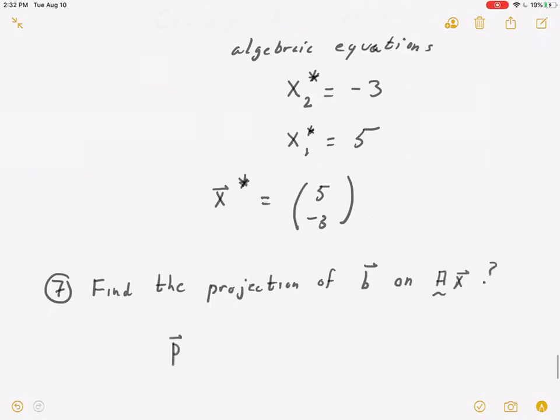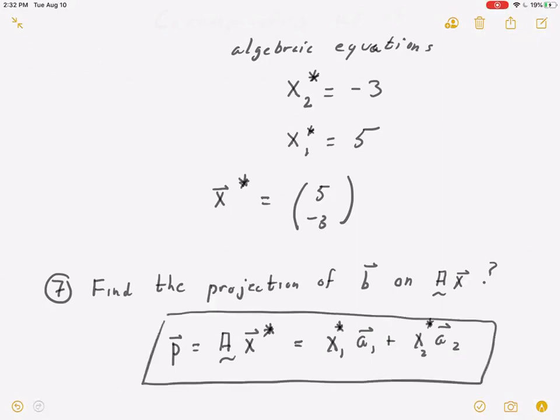Well, the projection of B on the plane is given by this expression, where A asterisk is in fact A times X asterisk, a linear combination of the linearly independent vectors A sub 1 and A sub 2, and the coefficients are X sub 1 asterisk and X sub 2 asterisk.